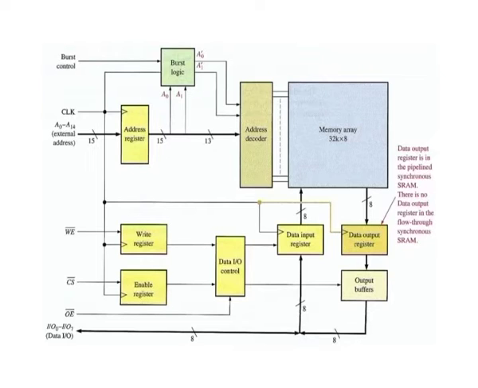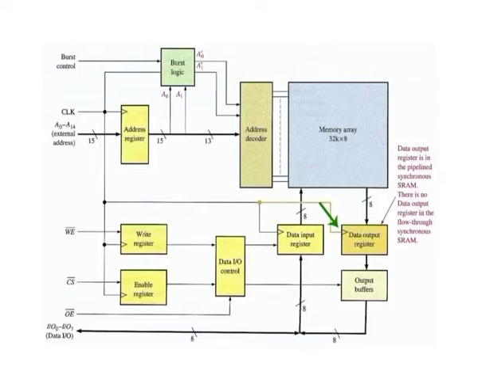Also, on the same clock pulse, the input data are latched into the data input register for a write operation, and data in a selected memory address are latched into the data output register for a read operation, as determined by the data input/output control based on the input from the write register, enable register and the output enable.